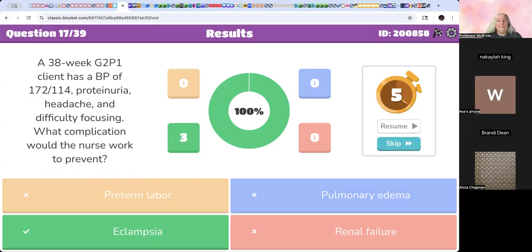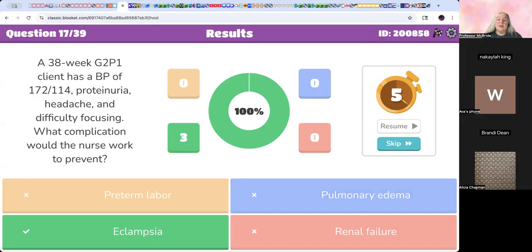Everything would decrease. She will have decreased respiration, like everything is slowing down. Yep, so decreased respirations is a big one. Muscle weakness, slurred speech, decreased level of consciousness, yes. Urine output changes.